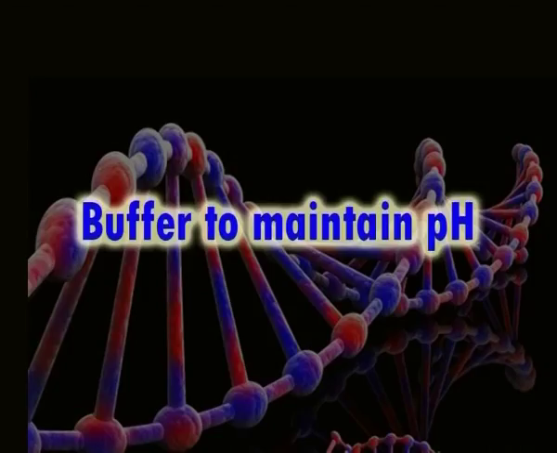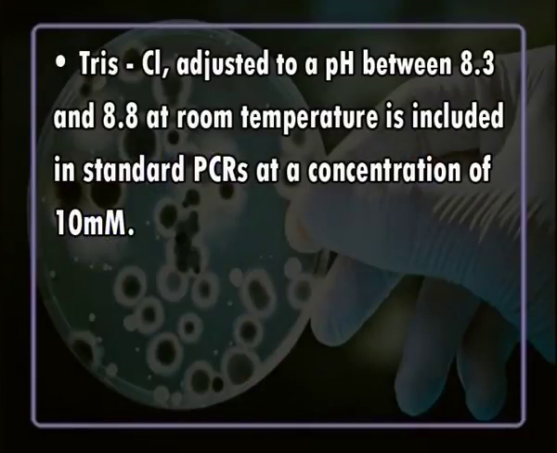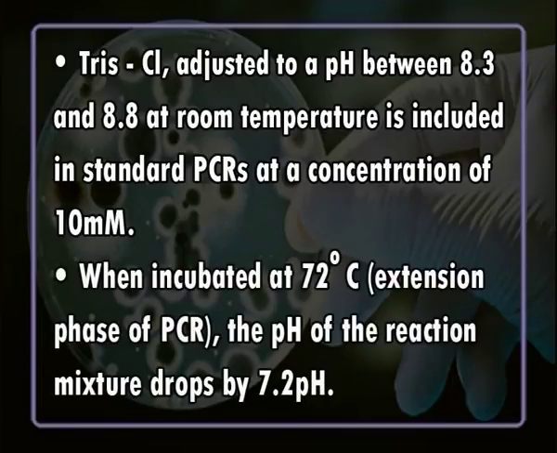Buffer to maintain pH. Tris chloride adjusted to pH between 8.3 and 8.8 at room temperature is included in standard PCRs at a concentration of 10 millimolar. When incubated at 72 degrees centigrade in the extension phase of PCR, the pH of the reaction mixture drops by about 1 pH unit to 7.2.